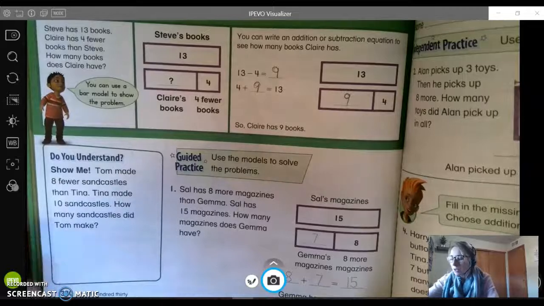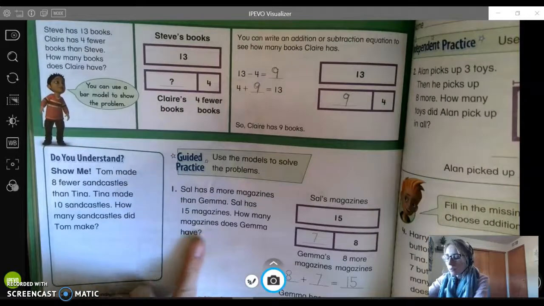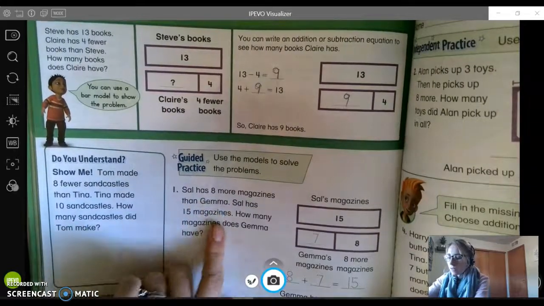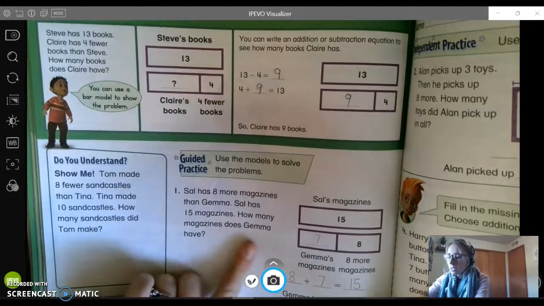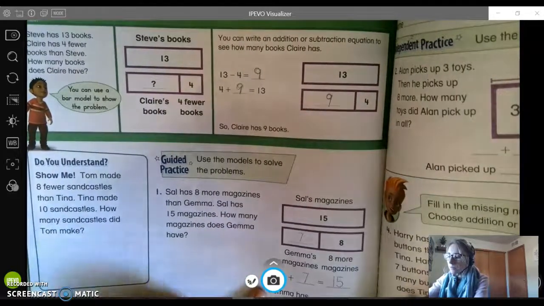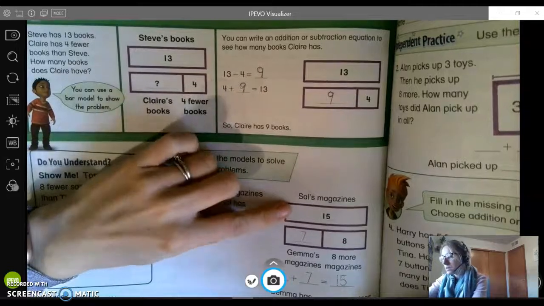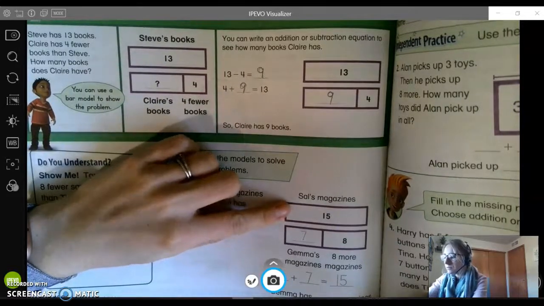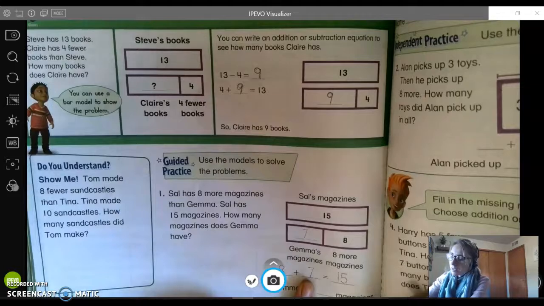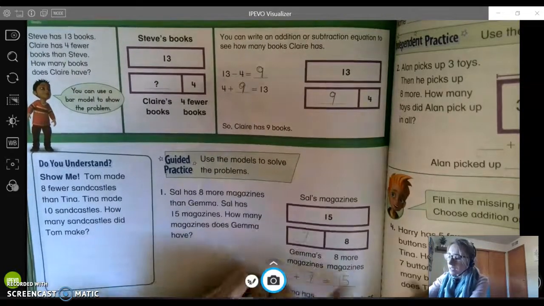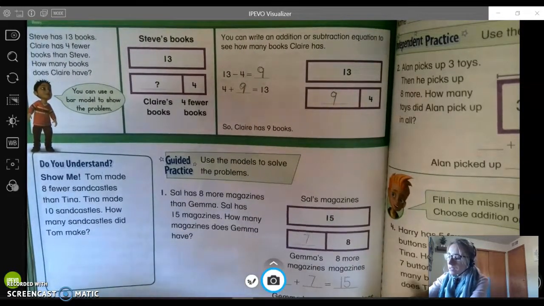So down here at the bottom, Sal has 8 more magazines than Gemma. Sal has 15 magazines. How many magazines does Gemma have? So Sal's magazines is the whole of 15. We know that Gemma has 8 less magazines than Sal.